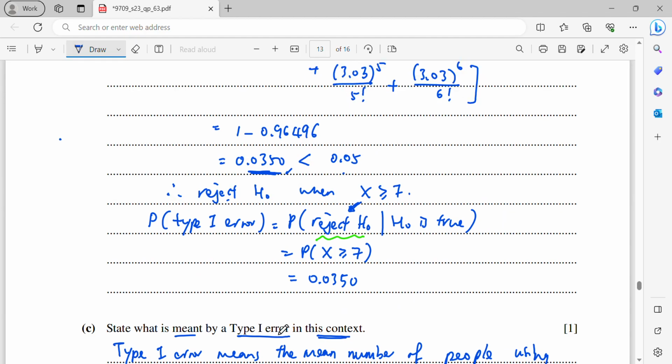Type 1 error means reject H naught when H naught is true.